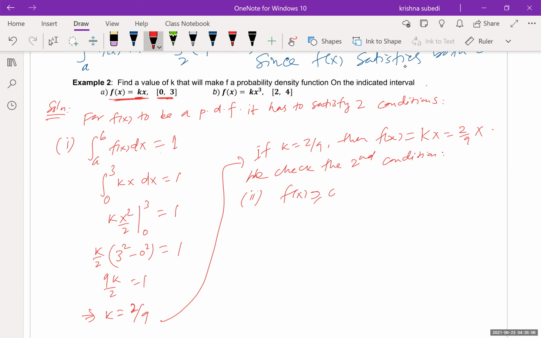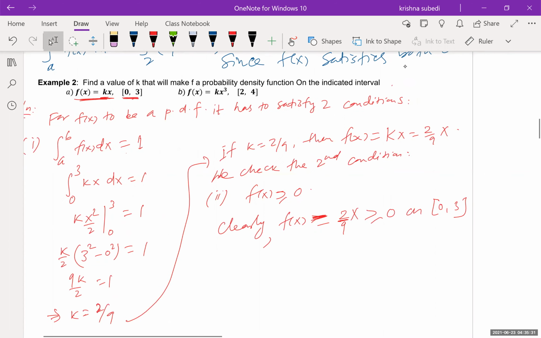Clearly, our function 2 over 9x is always non-negative on the interval 0 to 3, right?